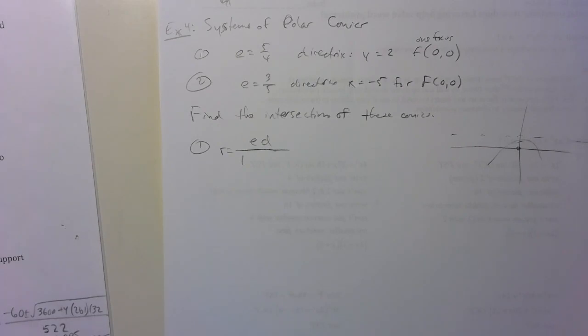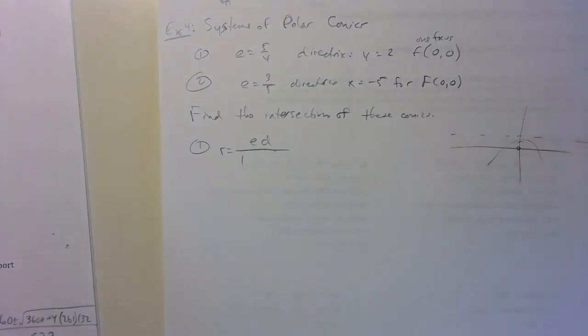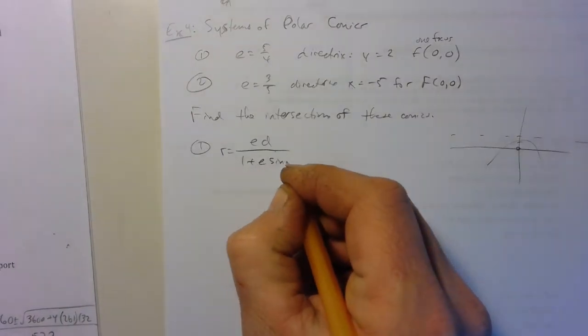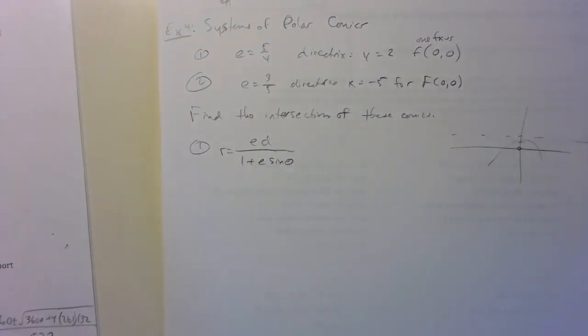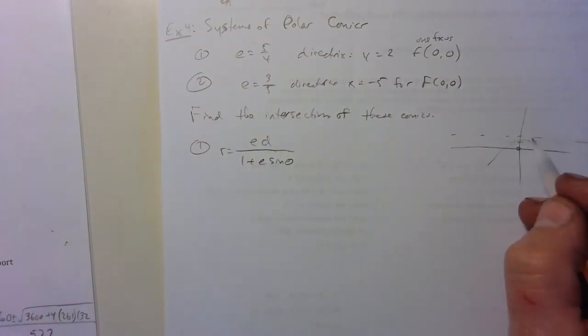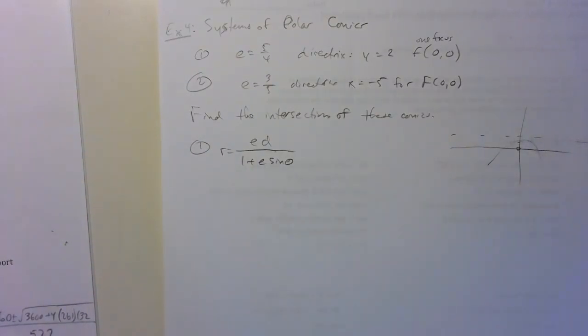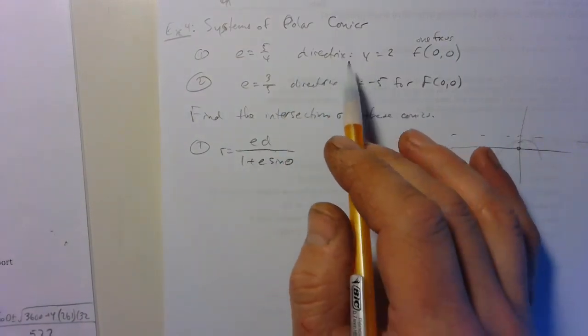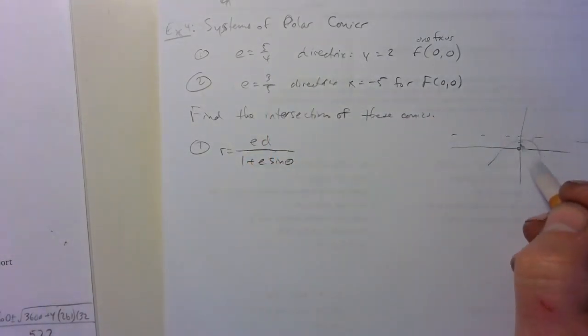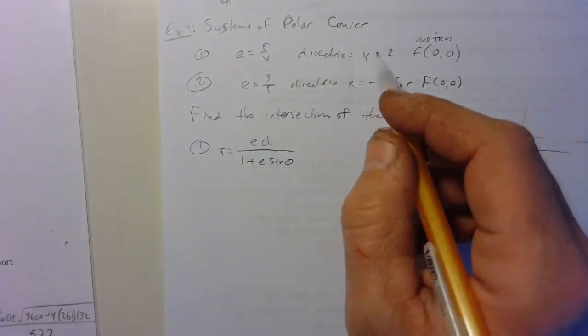If we look back and find our equation, it's going to be 1 plus e sine theta in the denominator. Sine, because that's a vertical distance there, and for sine, when the directrix is above, it's plus. We have the distance from the focus to the directrix, that's the d there, which is 2.